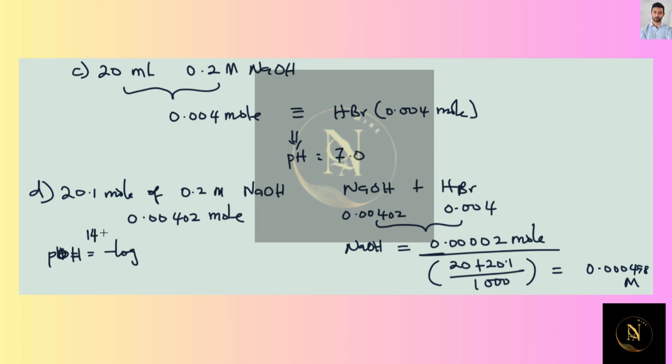It's going to be 14 minus the negative logarithm of this answer, and that will be 10.6. Oh, sorry, so this would be pH rather, because I've decided to subtract 14 from it. Okay, so pH is equal to 10.6.